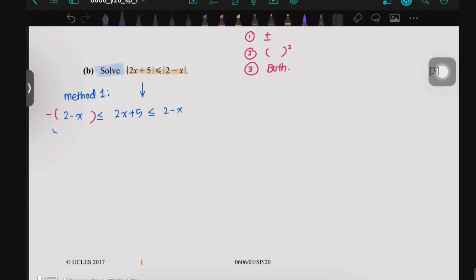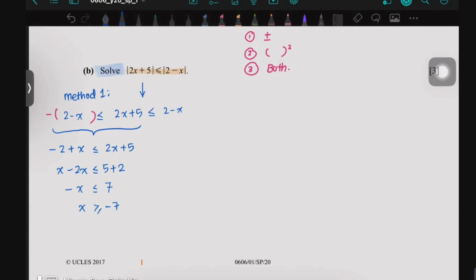So I will work out this part first. That will become negative 2 plus x less than or equal to 2x plus 5. So from here I get x minus 2x less than or equal to 5 plus 2. So what I get here is negative x less than or equal to 7. Changing sign, x will be more than or equal to negative 7.